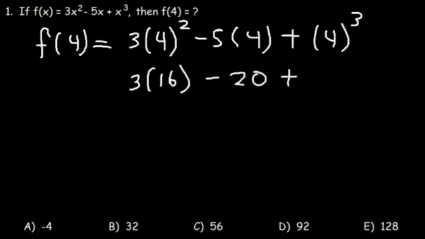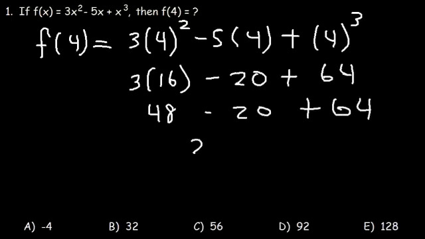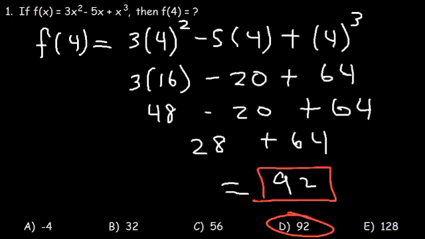And 4 to the third power, that's 4 times 4 times 4. 4 times 4 is 16, and 16 times 4 is 64. 3 times 16 is 48. And 48 minus 20, that's 28. And 28 plus 64 is equal to 92. So therefore, D is the correct answer for this problem.